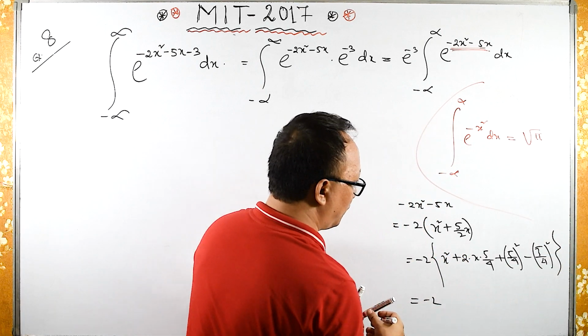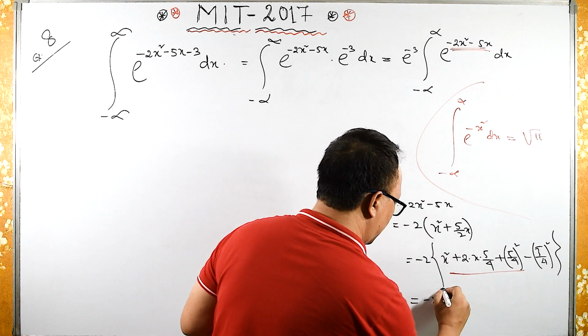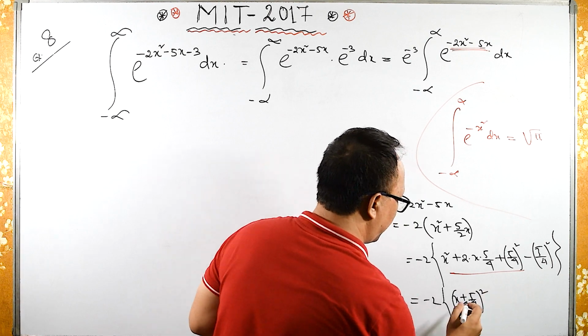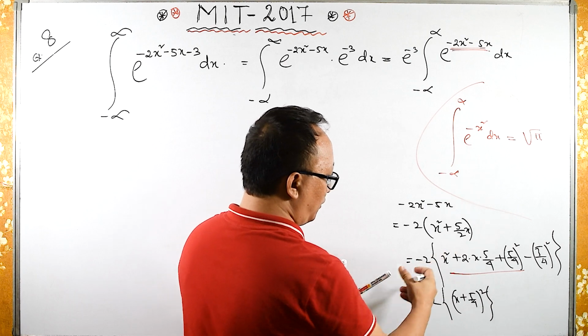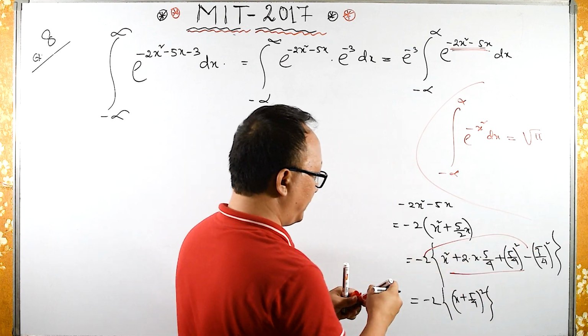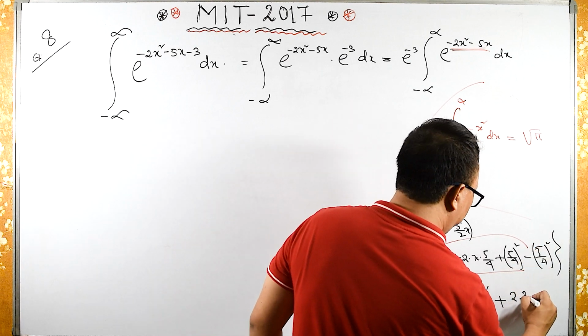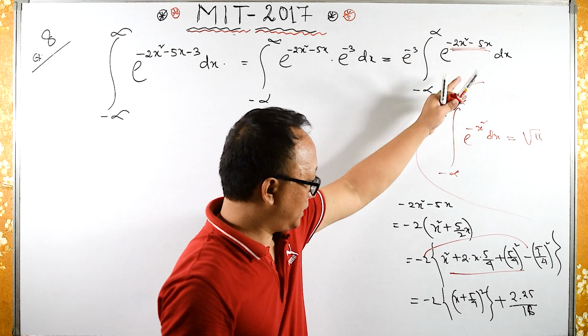So with minus 2 outside, it becomes x plus 5 by 4 the whole square. If I send this to the other side, I get plus 2 into 25 upon 16. So instead of this, I can write it like this.